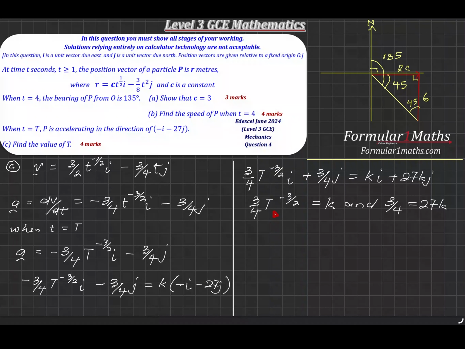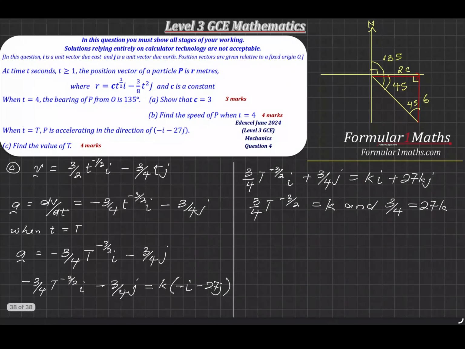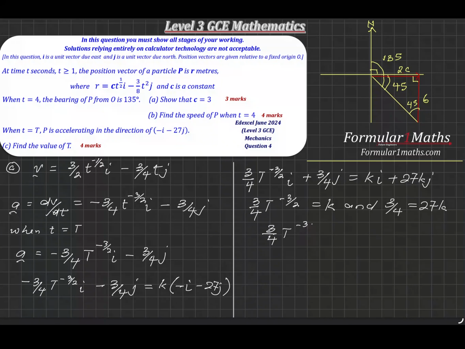Now if I divide this by that, I'm going to get k over 27k. So let's do that. So I have 3/4 T^(−3/2) divided by 3/4, which is this one here.